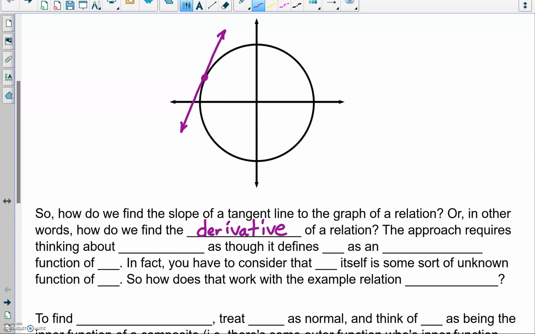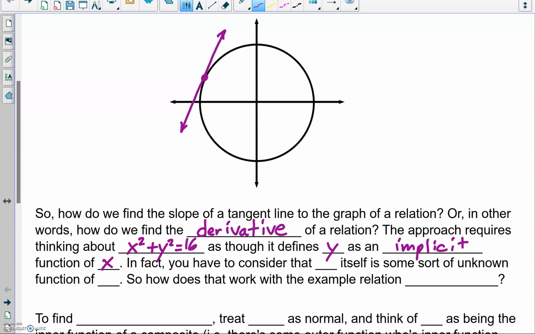The approach requires thinking about this particular example, x squared plus y squared equals 16, as though it defines y as an implicit function of x. And in general, any relation that has x's and y's as the two variables that can't be solved for y to get an f of x, which is an explicitly defined function.